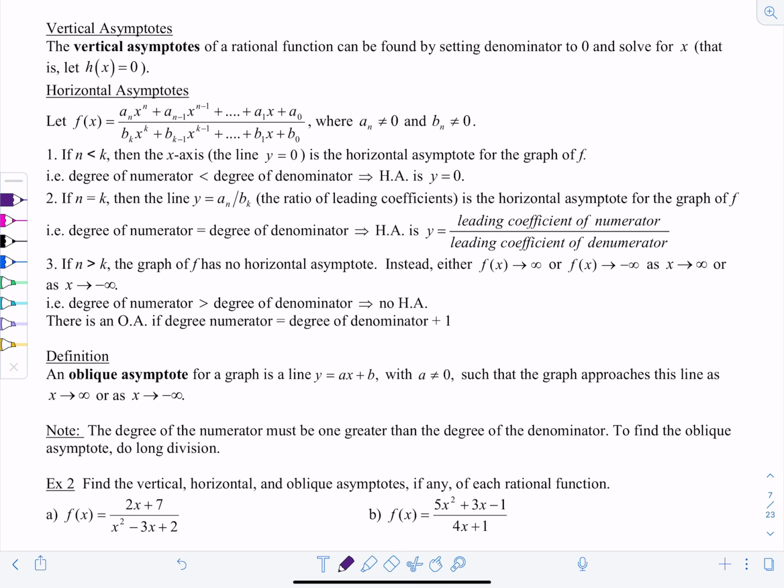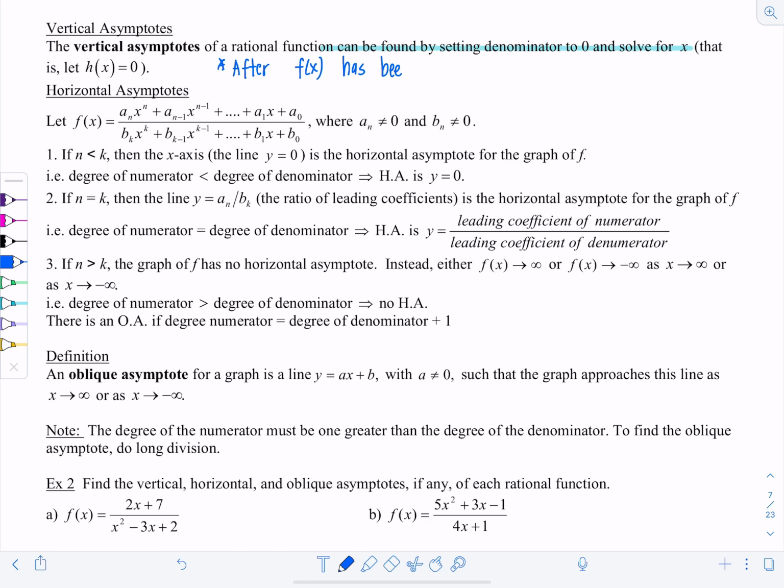Okay, vertical asymptotes are never crossed. Horizontal asymptotes are occasionally crossed. So we'll talk about the difference. The vertical asymptotes of a rational function can be found by setting the denominator equal to 0 and solving for x. This is only true after f of x has been completely simplified.